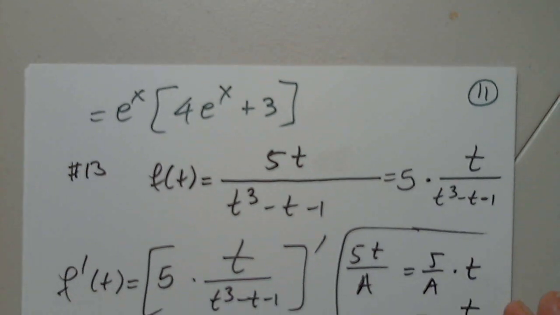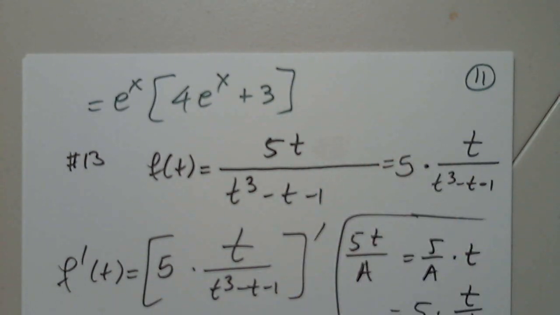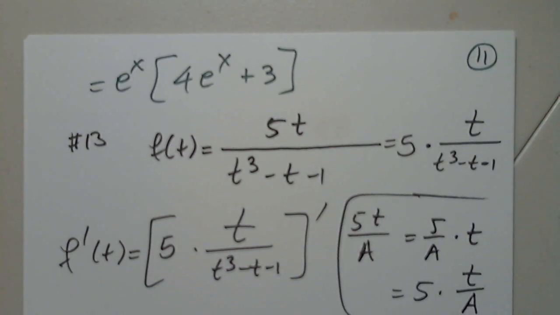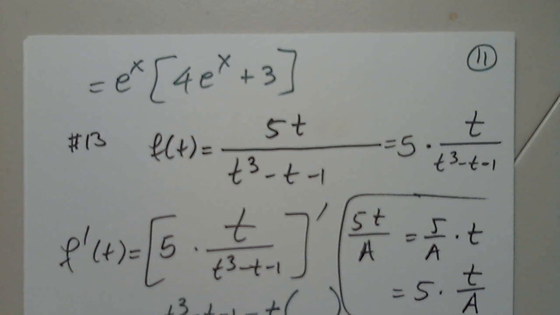Again, it's not a big deal. If you don't want to do that, you'll get the same answer. So now, when I differentiate the top and I get 1 times the denominator, minus the numerator times the denominator prime, over the denominator squared.